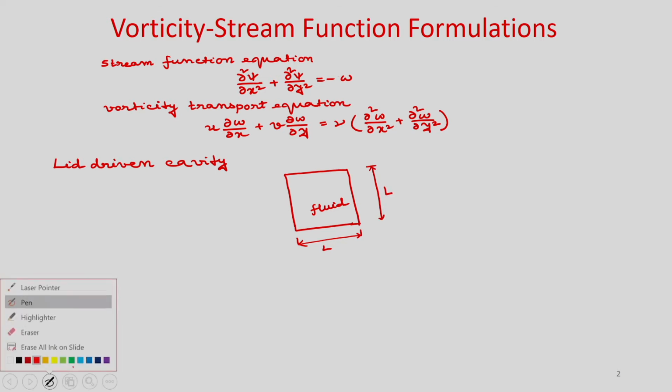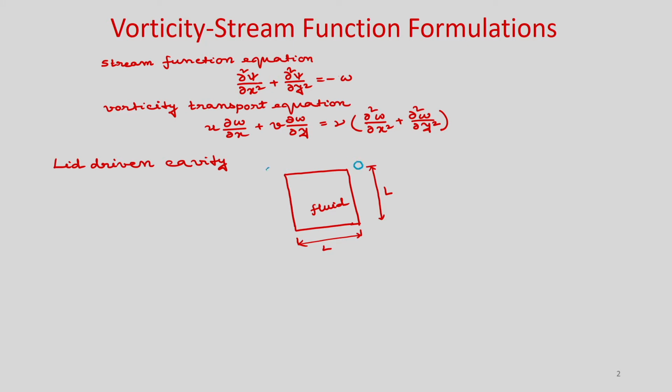The upper surface is connected with some belt, let us say, and this lid, the upper plate, is moving with some velocity. This belt is moving like this, so you can imagine that this boundary is moving in the x direction.